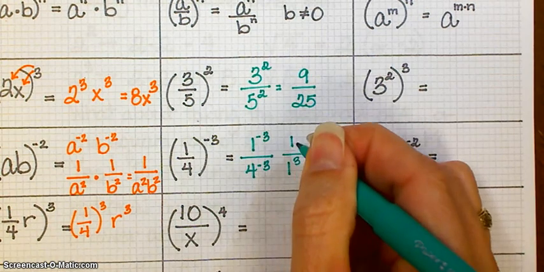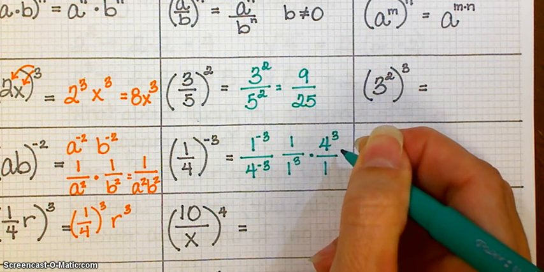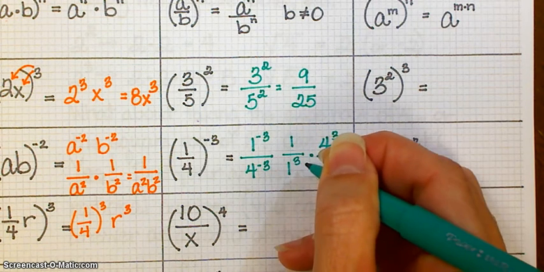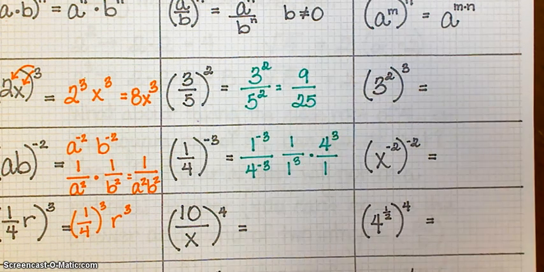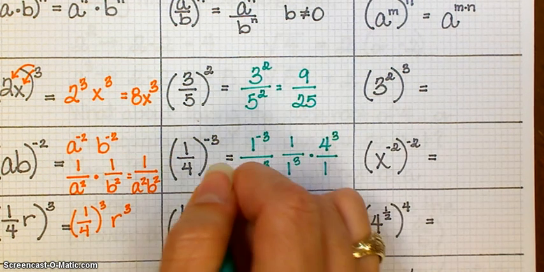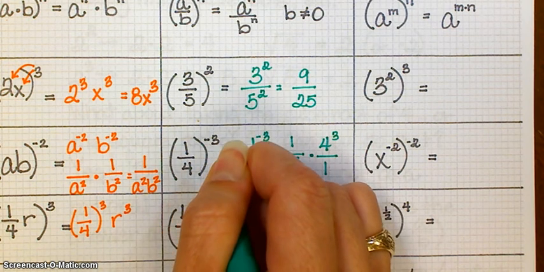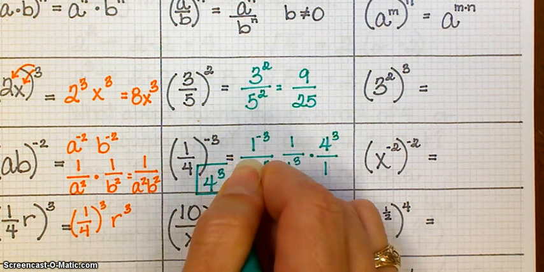So 1 times 4 to the third is 4 to the third. Well, and 1 to the third is just 1, and then 1 times 1 is still just 1. So this one, final answer, is 4 to the third.